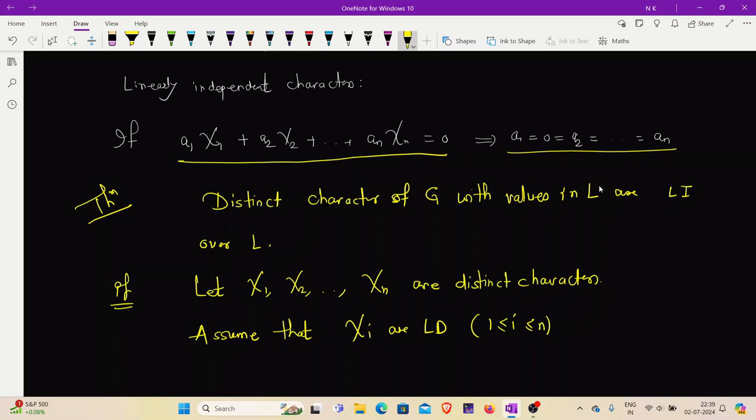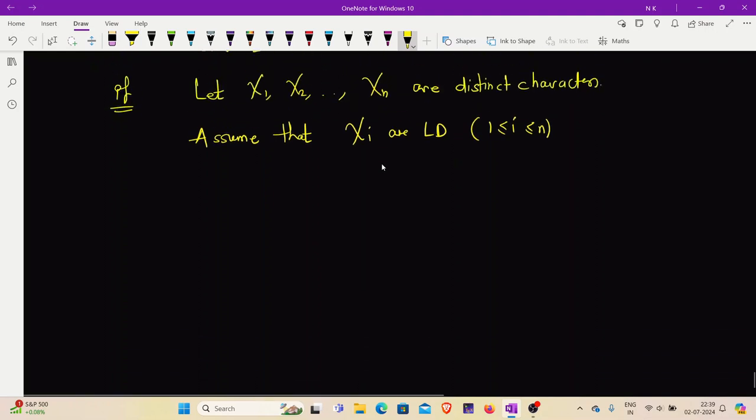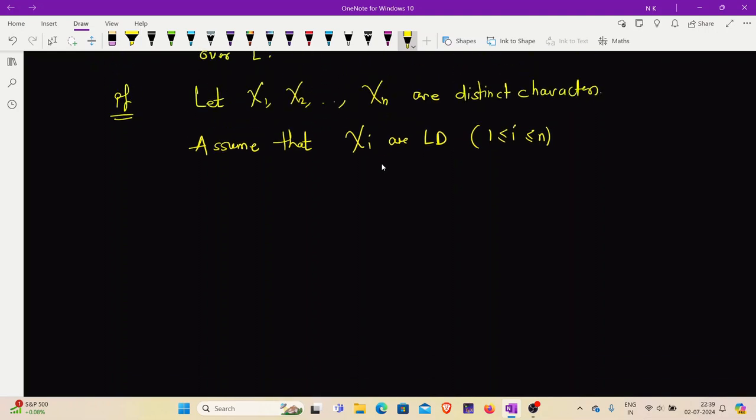But if they are linearly dependent, that means some of the coefficients a1, a2, up to an will be non-zero. So we are going to assume a linear combination with the minimal number of non-zero coefficients ai.